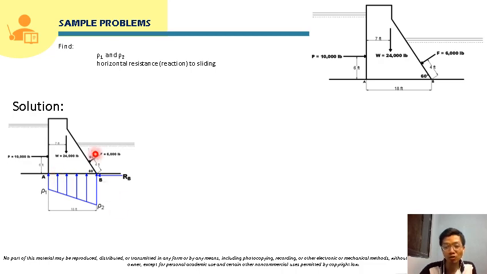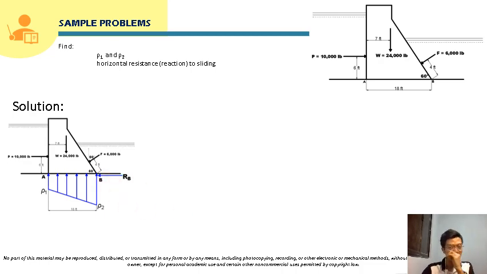The right portion of this dam will experience more stress, so the reaction will be greater here at the right side, and this rho 1 is less than rho 2. And this will be the horizontal resistance or reaction to sliding. This is directed to the left simply because the resultant of this dam is downward to the right, so the resistance or reaction should be directed to the left.